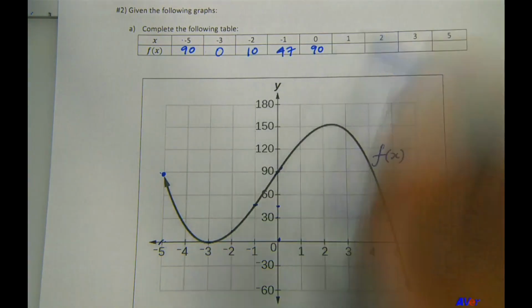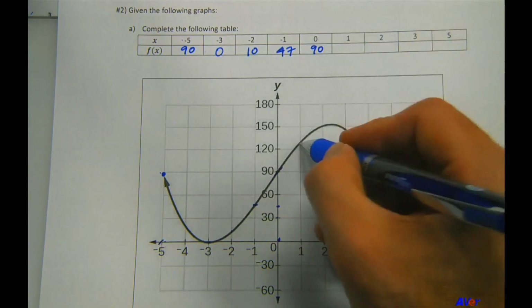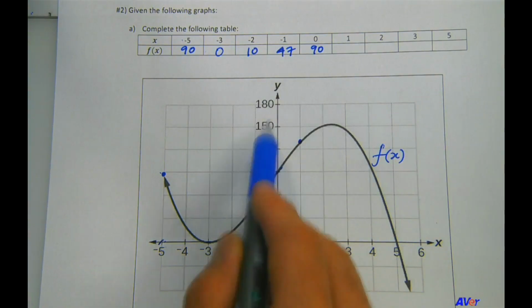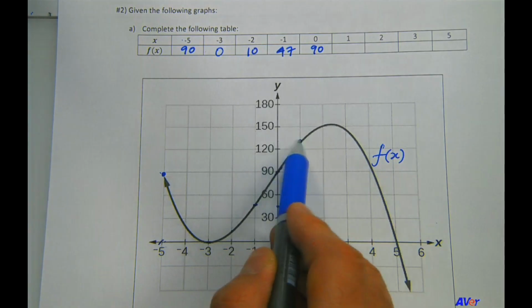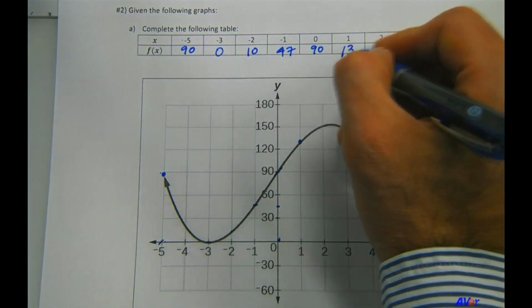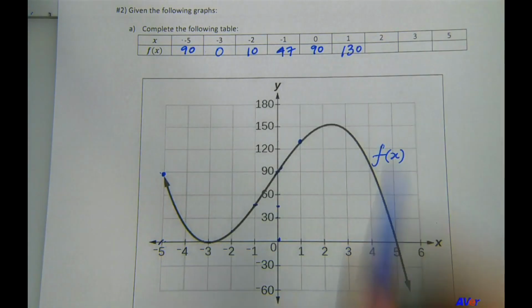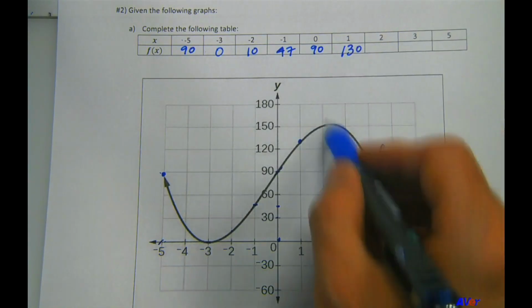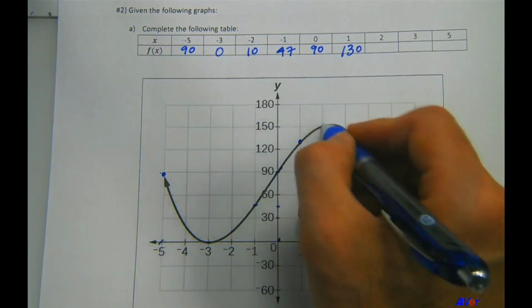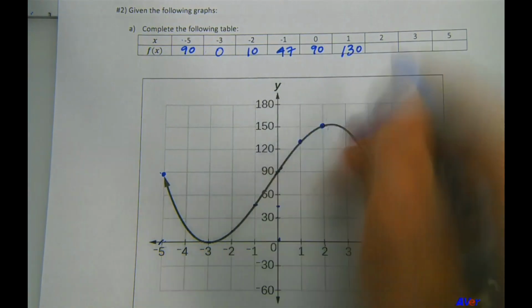At positive 1, right? The graph is going through, let's see, this is 120, 150. So I'd say 130 would be safe. So 130. At x equals 2, the value of the function would be on the line. So that's 150.